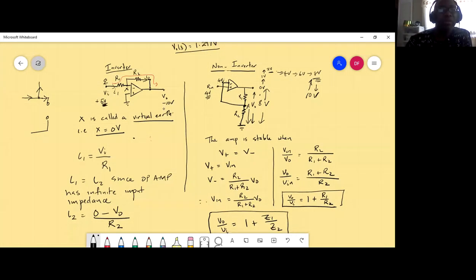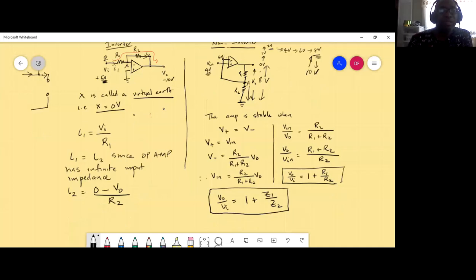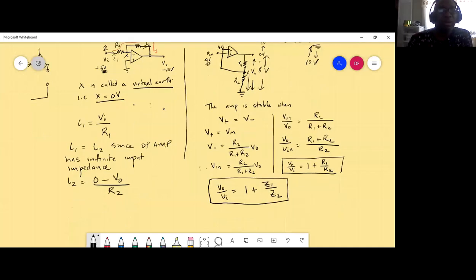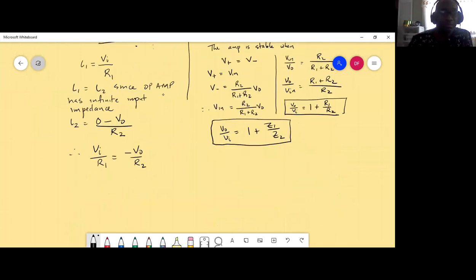So therefore, V in over R1 is equal to minus V out over R2. Or we can write that V out over V in is minus R2 over R1.